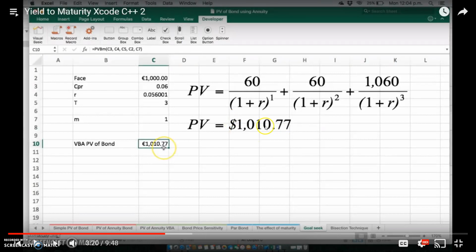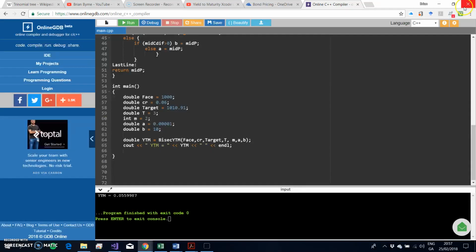We have a bond price trading for 1,010.77. We have a coupon rate of 6%. We don't know the discount rate on the bond. We want to determine that value. It should be 5.6%, but that's the value we want to verify. Okay, so that's something we can check.